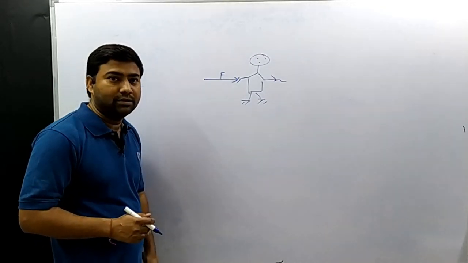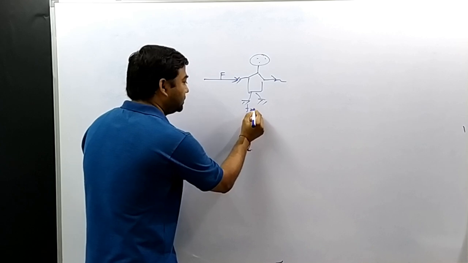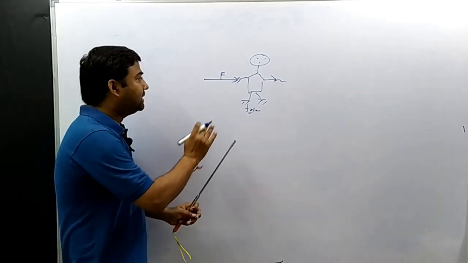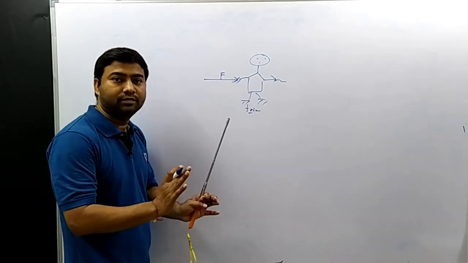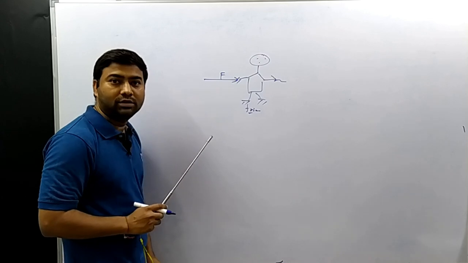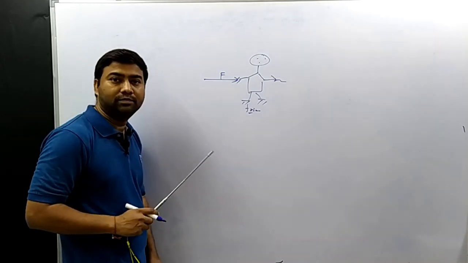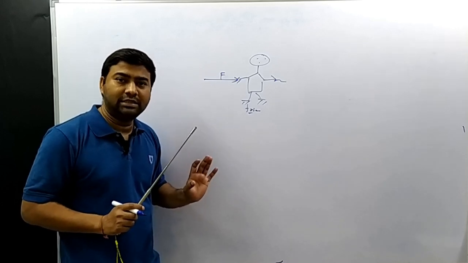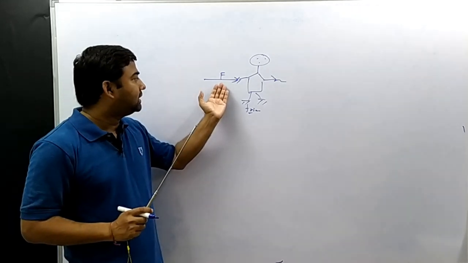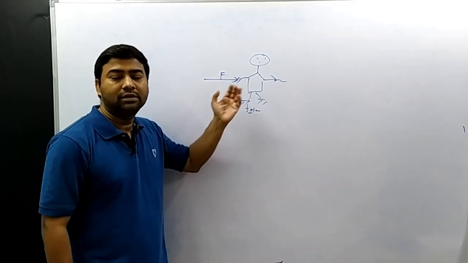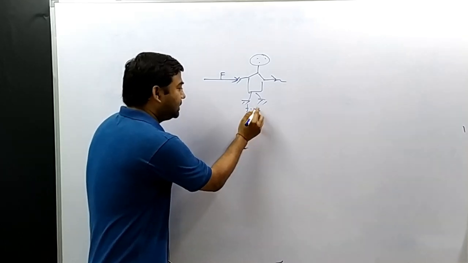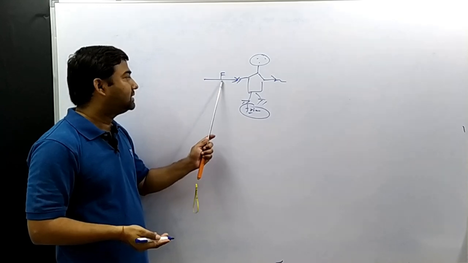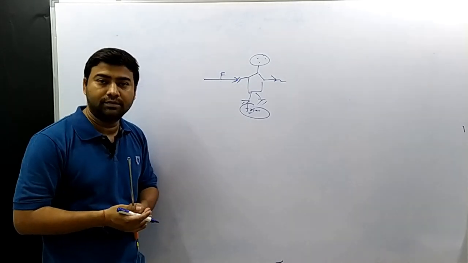So when a force is applied, if there is sufficient friction force between the person's foot and ground, then he can resist this force. The person is resisting the force with the help of friction. His configuration is not changing, his state is the same, but you can see he can resist the force. This friction force starts to exist by the time this external force is applied on this person.